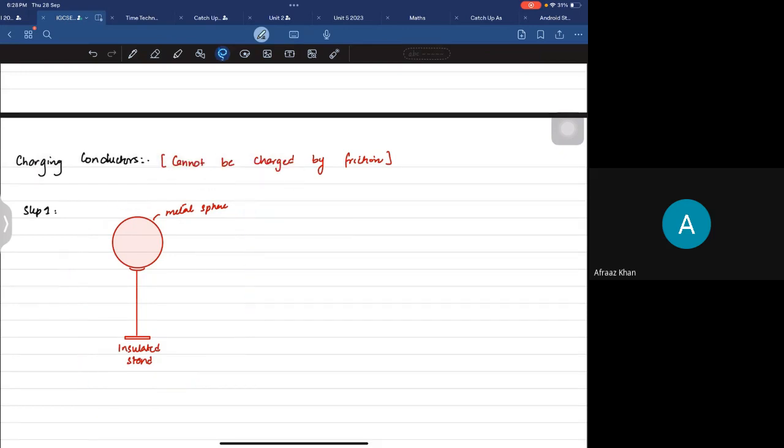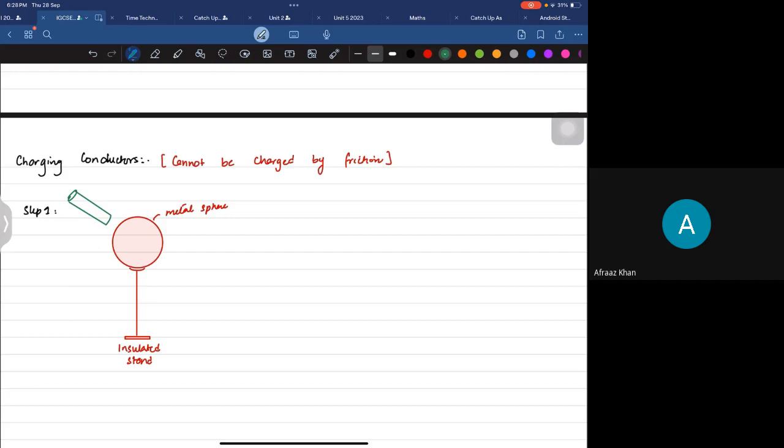Now what's going to happen? Let's see. In the first step, you bring a charged rod close to it. No, it doesn't look like a rod. It looks like a mushroom. Wait. Okay.